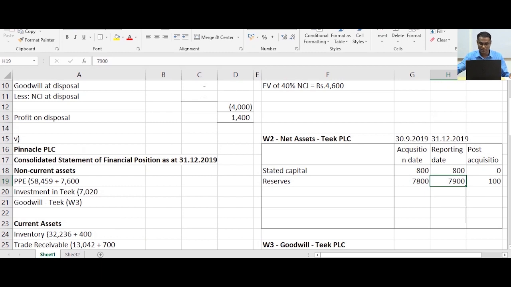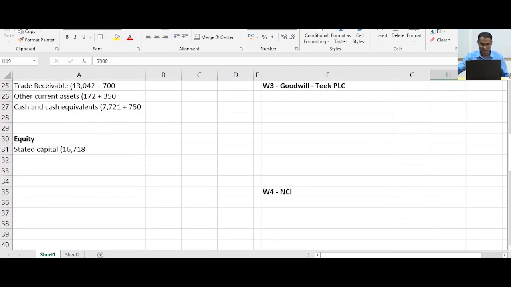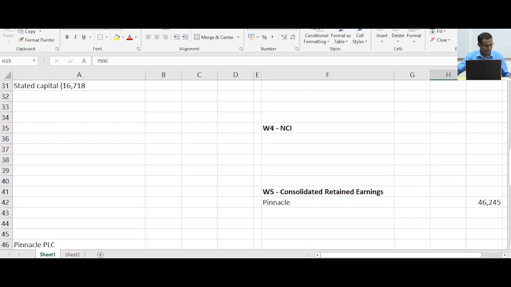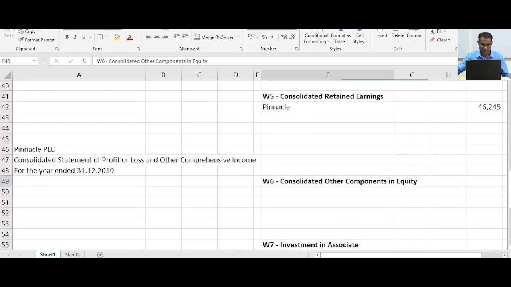So what I'm going to take here is 1853. With regard to working number 6, consolidated other components of equity, I'm taking the figure with regard to Pinnacle.